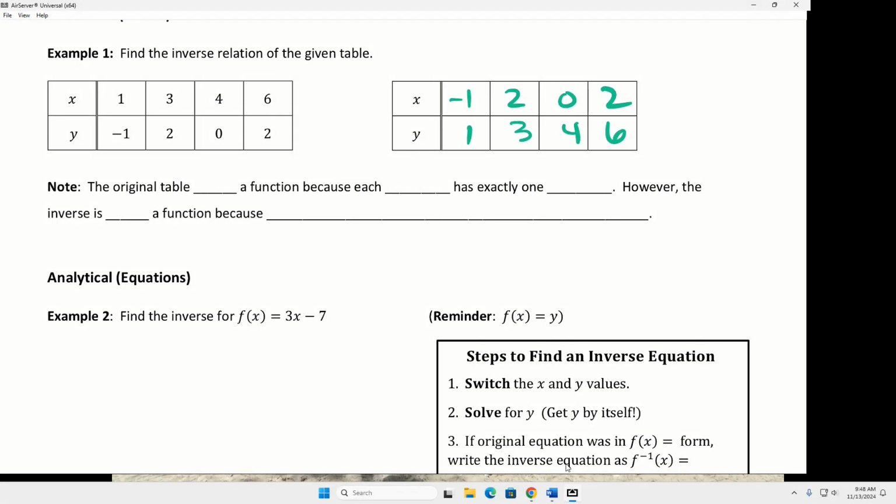With the given information we have about this table, so we don't have all the values of x, but with what we're given, would you say that this is a function? Yes. It is. Because each input has exactly one output.